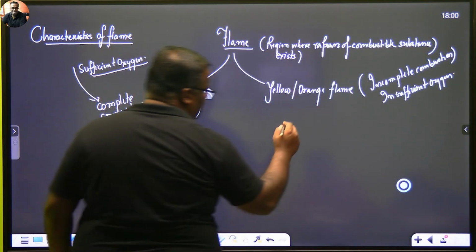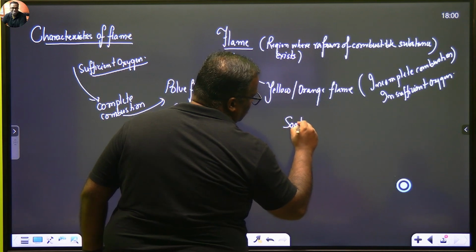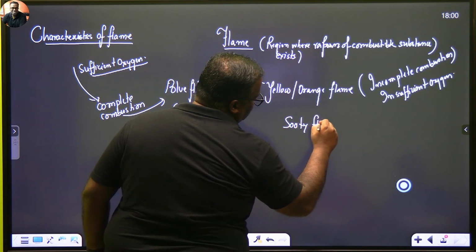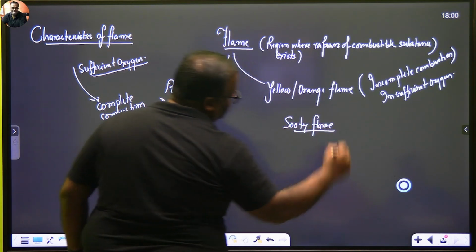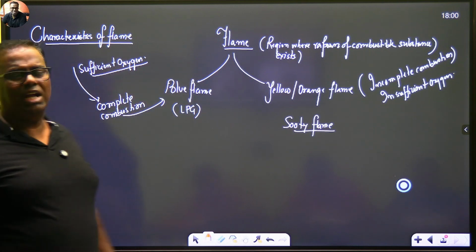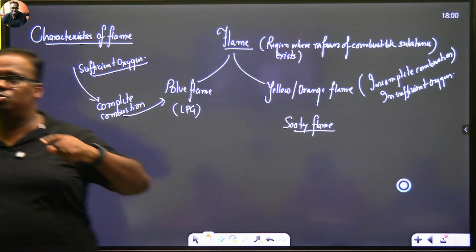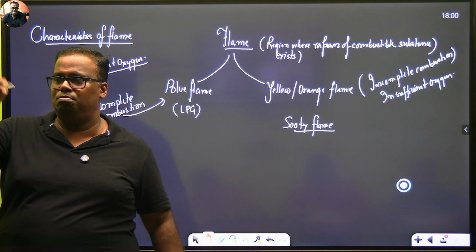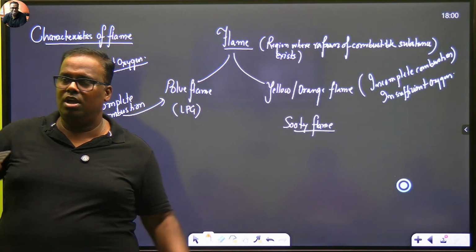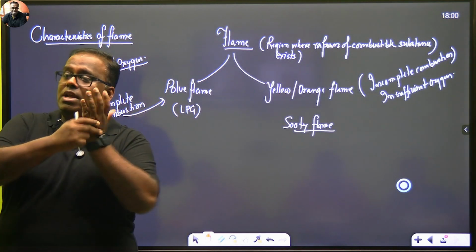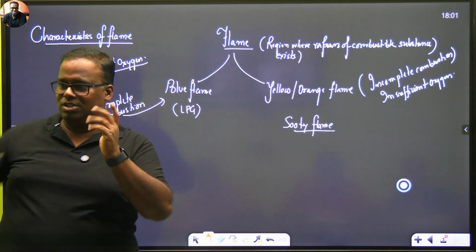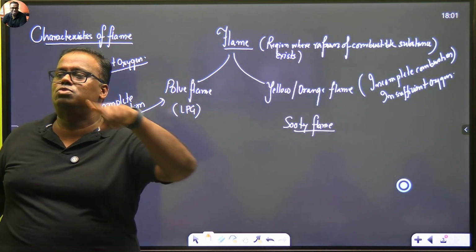Another, in higher classes, you will also learn something called a sooty flame. You know what is a sooty flame? Have you seen some very badly burning lamps which burn with a black flame, black soot, like Aladdin's magic lamp, where that soot comes out, right? Soot is something like a black smoke.